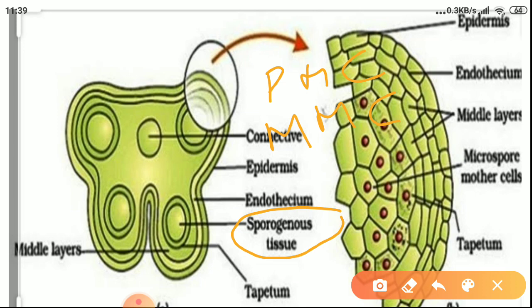Later on, this will undergo meiosis and it will form microspore tetrad. So PMC is diploid. After meiosis, it will form microspore, which will be haploid.